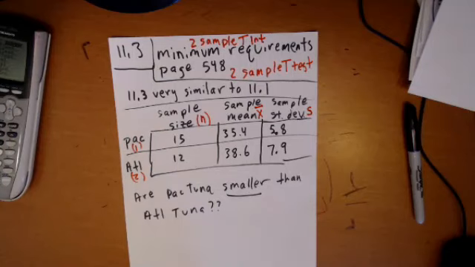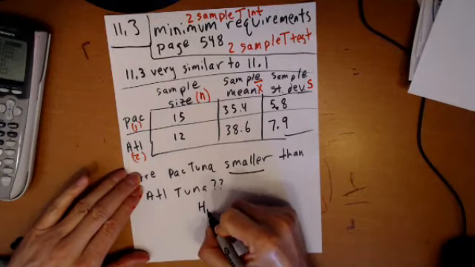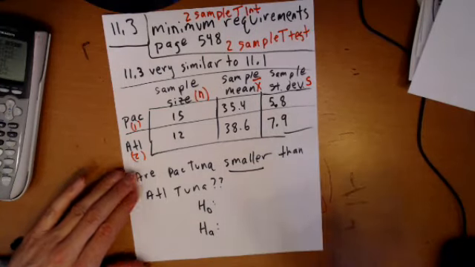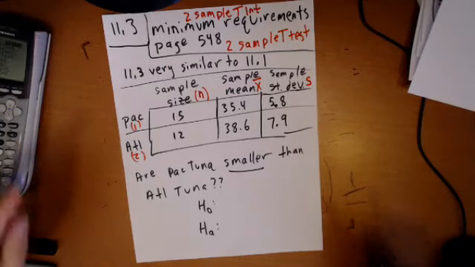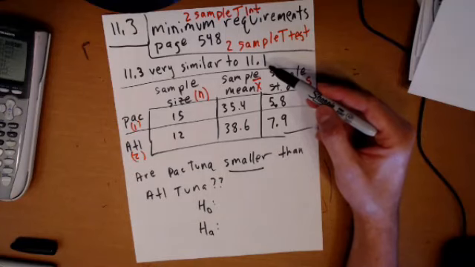Very similar to 11.1, I said. We're going to have a null and our alternative, H1, HA. I like putting HA. H1 is fine; our book puts H1. Remember in 11.1, we would say that P1 equals P2.